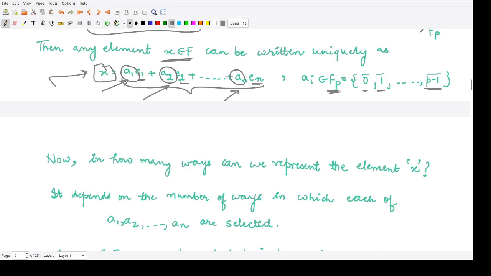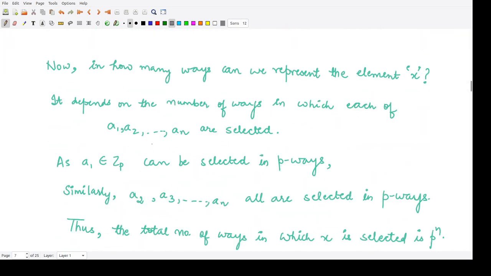Now if you see, a1 is present in Fp, and the number of elements present in Fp is p. So it depends upon the number of ways in which each of a1, a2 up to an is selected. Because a1 is present in Zp, which has the elements 0 class, 1 class, 2 class up to p minus 1 class, it could be selected in p ways because it could be any one of these p elements.